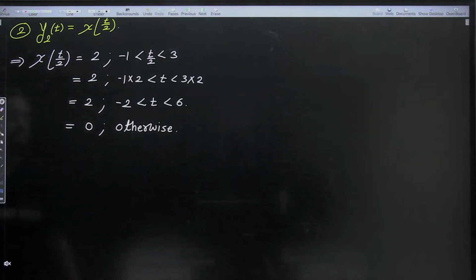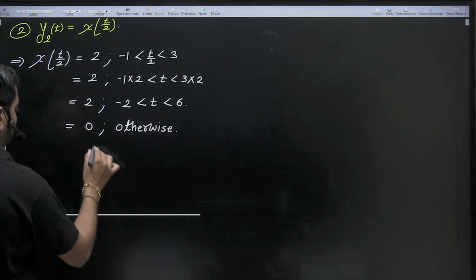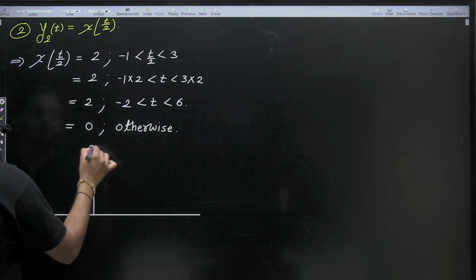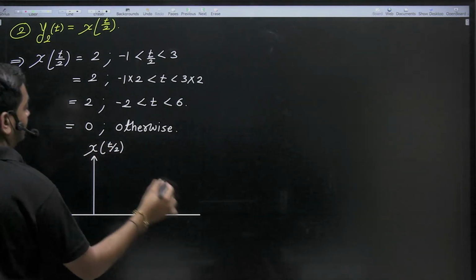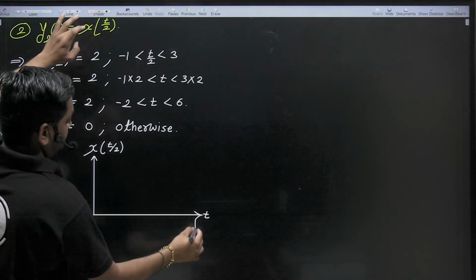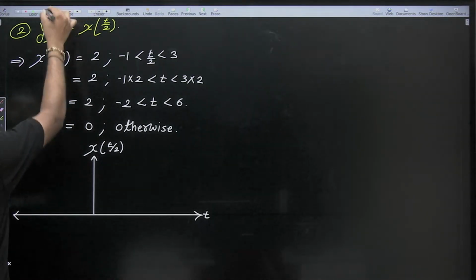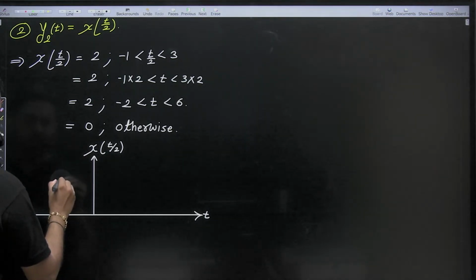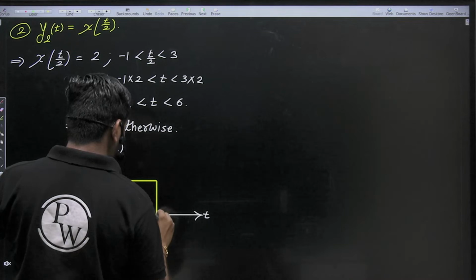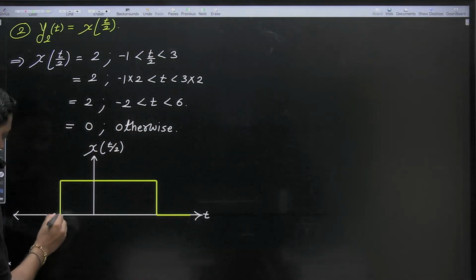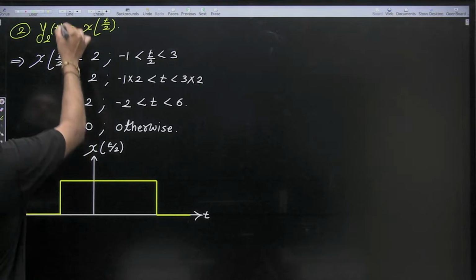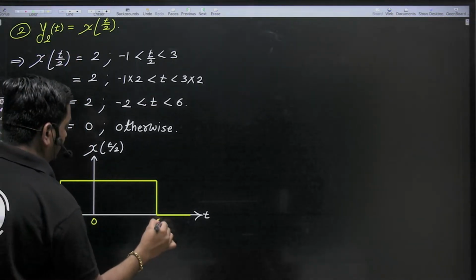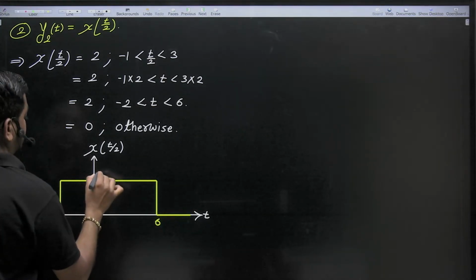Now tell me, expansion or compression? Signal expansion occurs or compression, guys? In this case, x of t by 2, expansion or compression? So now it is between minus 2 and 6, guys, and the amplitude is 2.